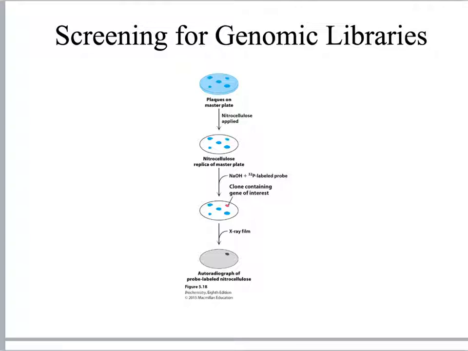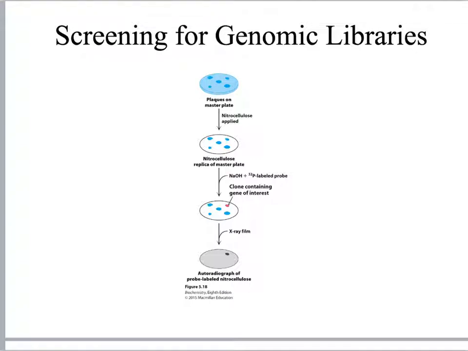Now we can screen for genomic libraries, and the screening process allows you to find the gene of interest among all of the other genes that you have. Usually this involves plating the recombinant phages on bacteria. Infected bacteria will result in a plaque formation on a nitrocellulose plate. A replica will be made of that nitrocellulose. The infected bacteria and phage DNA are released by the lysed cells.